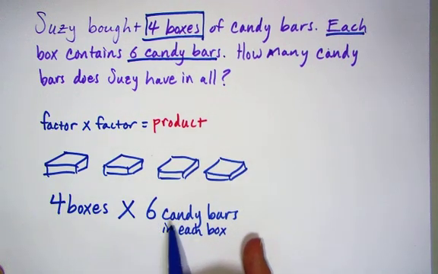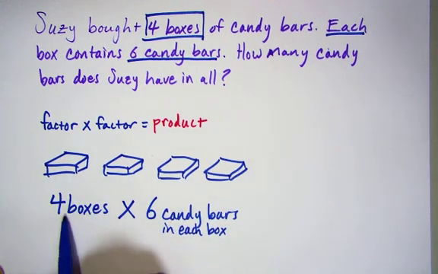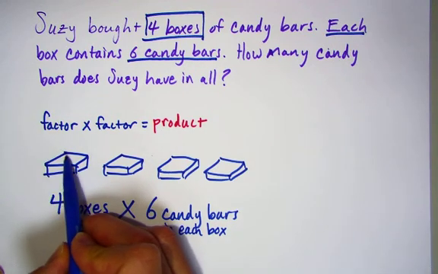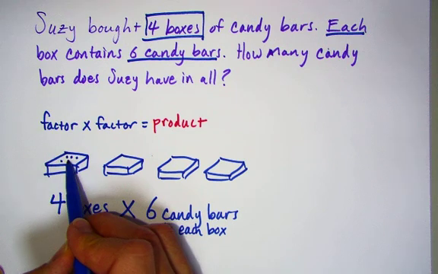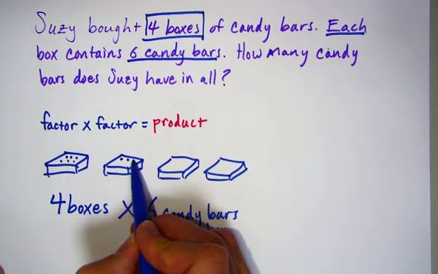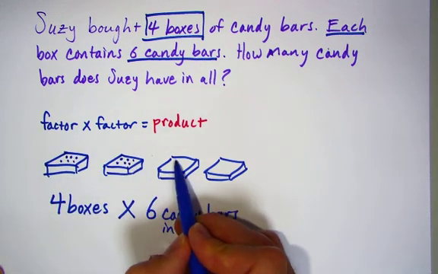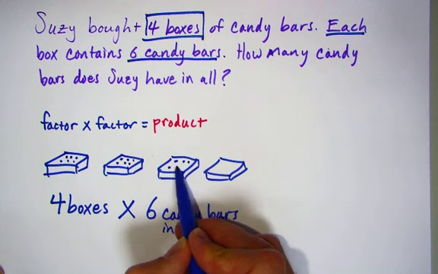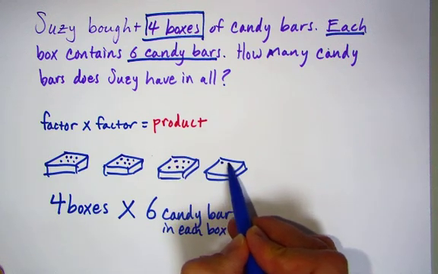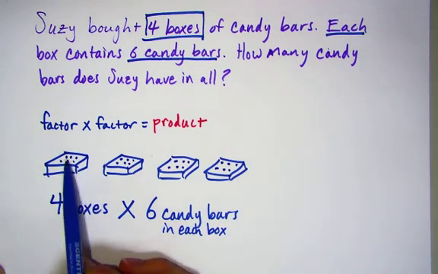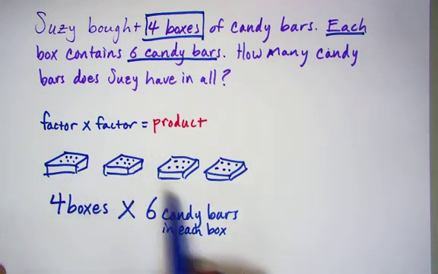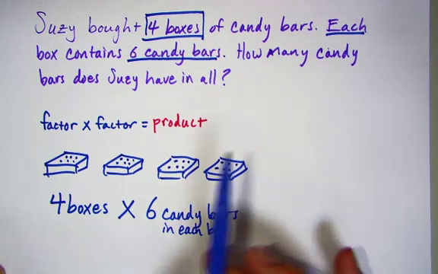There's 6 candy bars in each one of these 4 boxes. So let's go ahead and draw those candy bars. 1, 2, 3, 4, 5, 6, and the same for each of the 4 boxes. The dots represent our candy bars in this situation.